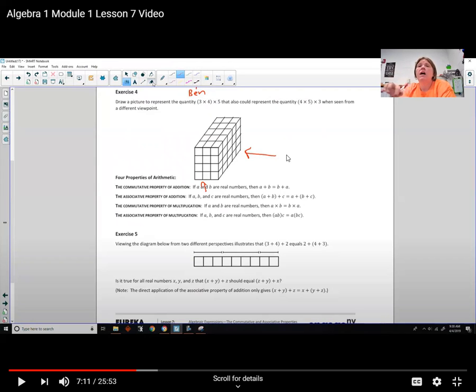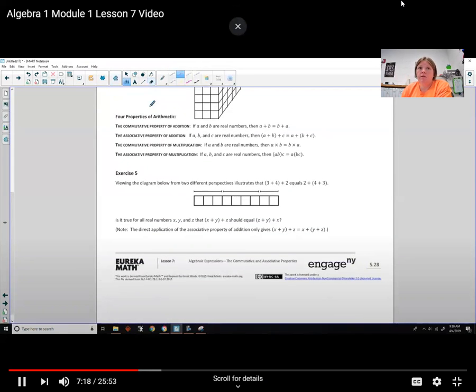Okay? But it's just a matter of making sure that you see how he is looking at it. Making sure that you see that if I were standing in front of it, this is how I would see it. If I were standing on the side of it, I would see it differently. Okay, so just different viewpoints.